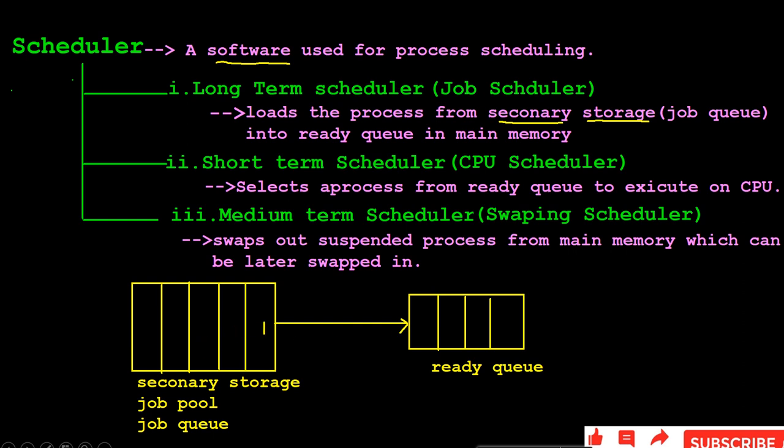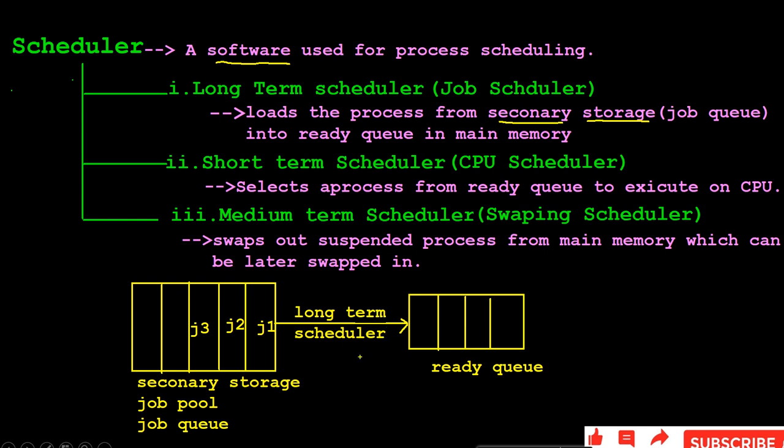For example, consider we are having jobs like this. J1 is the first job, then J2 is the second job, and J3 is the third job. Three jobs we are having. We are having the long-term scheduler. Its task is to load the jobs from secondary memory to the ready queue.